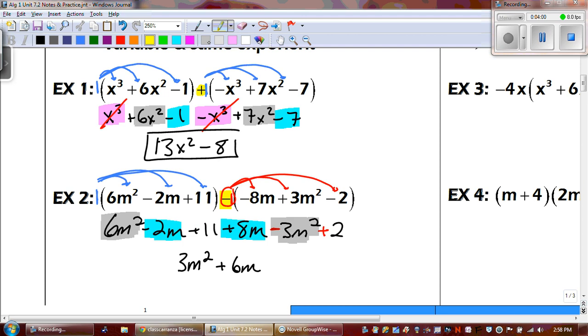And then the last thing we've got is the 11 plus 2, and that is 13. Okay, so 3m squared plus 6m plus 13, that's all we can do. No more like terms.